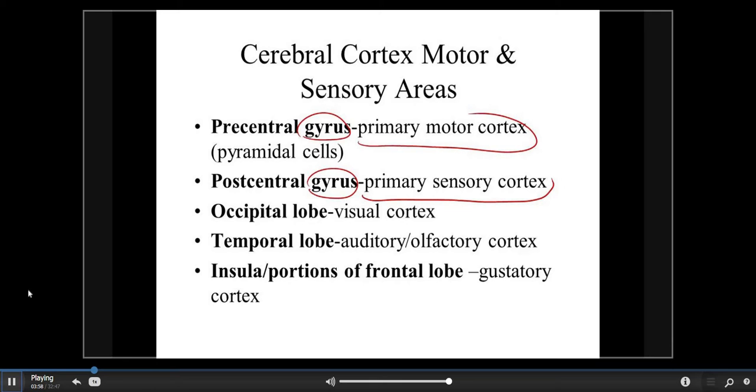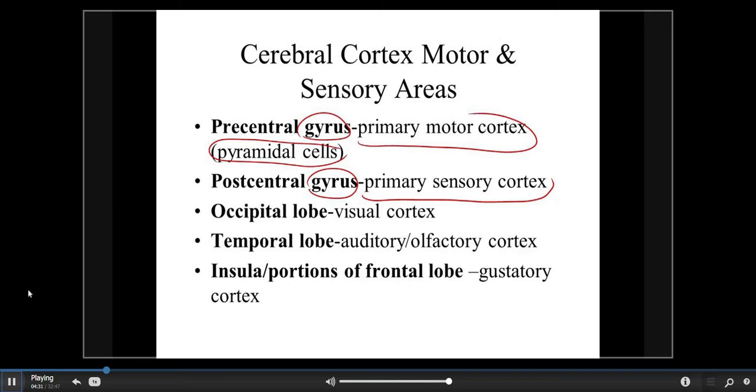Keep in mind you have here in the precentral gyrus, that's your primary motor cortex, you'll find a good number of these pyramidal cells. And you may recollect when I was addressing in the previous discussion in the spinal cord, we talked about some tracts that occur in the central nervous system, for example, corticospinal tracts, as the name implies, from the cortex to the spine.